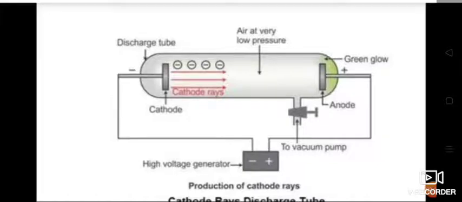They are not visible but their behavior can be observed. Yesterday I said that they form a shadow, can rotate a mechanical paddle, and move towards the positive. So all this shows the properties of cathode rays.